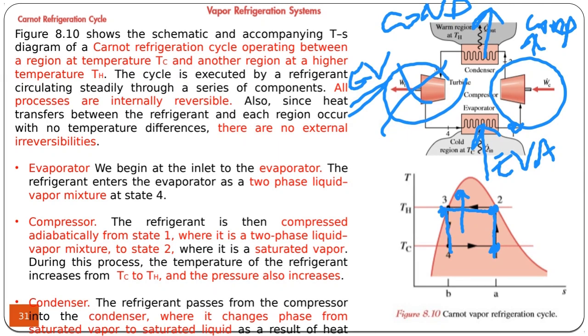Then this saturated liquid is expanded through the expansion valve, and when it goes to a lower pressure, it evaporates, and as it evaporates, it absorbs heat from the surrounding. So the principle of refrigeration is that as the refrigerant is evaporated, it absorbs heat from the surrounding.